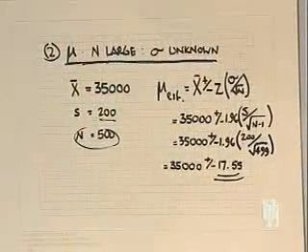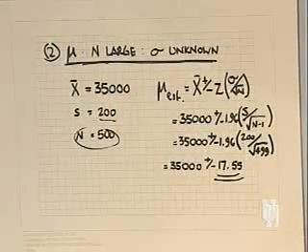Obviously, if it moved minimally from 200 to 205, then the bottom line change would be minimal. But if it moved substantially from 200 to 500, then this bottom line value would be substantially higher.